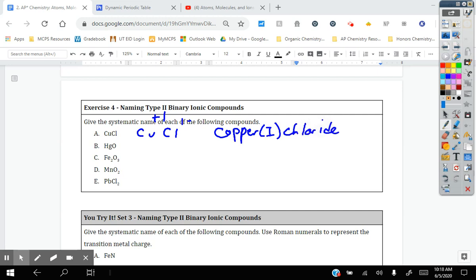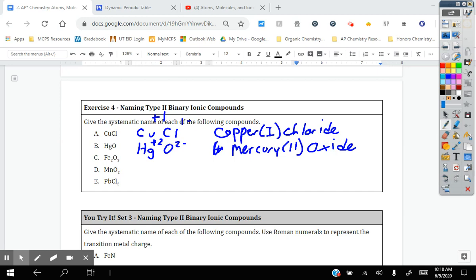If I look at the next one, I've got Hg and O. Well, oxygen, based off of its position, is a 2- charge. So Hg, there's just one of them. This also has to be a 2+ charge. So this would be mercury(II) oxide.